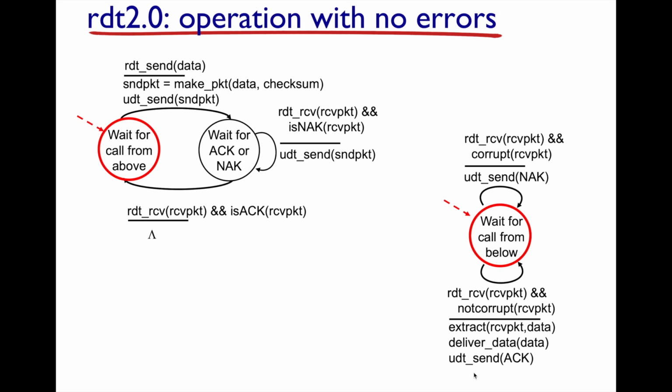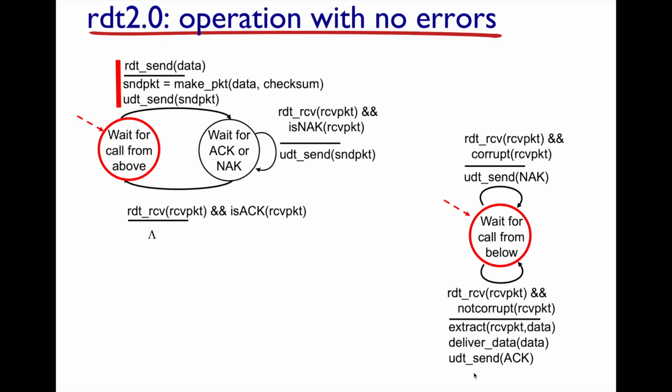Okay, so we start in wait for call from above in the transport layer sender side, and RDT send is called. So someone has called socket send.